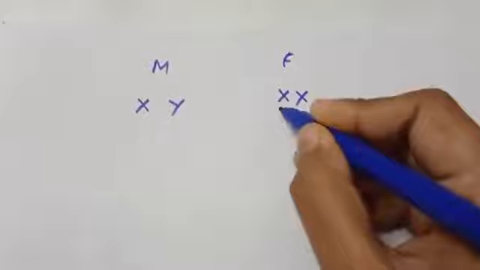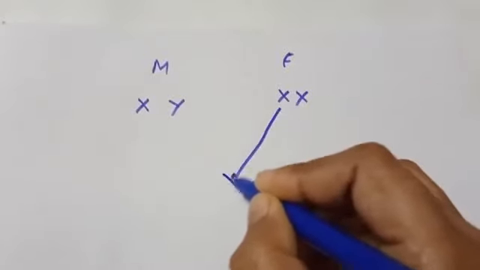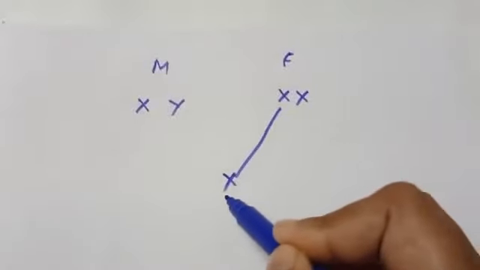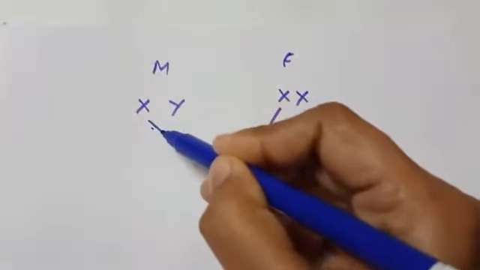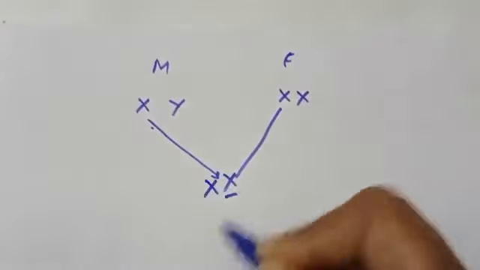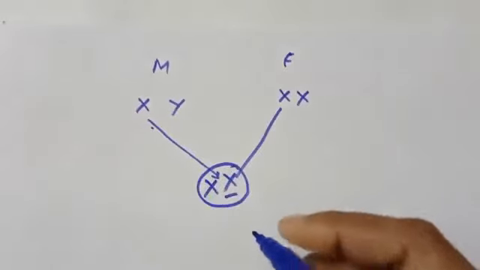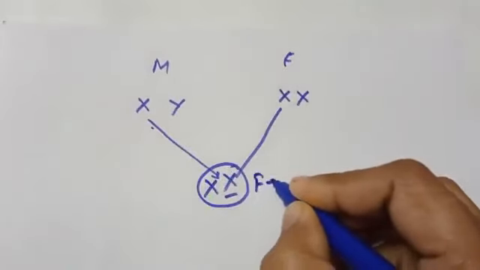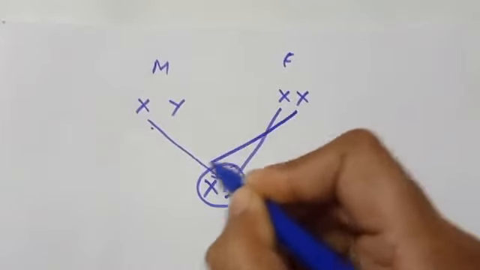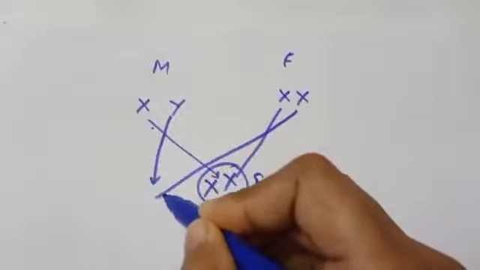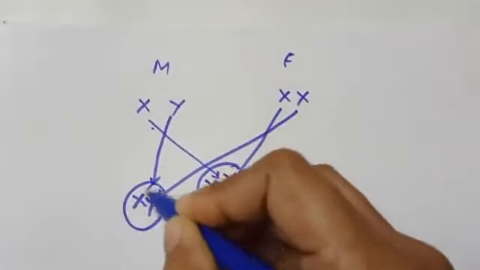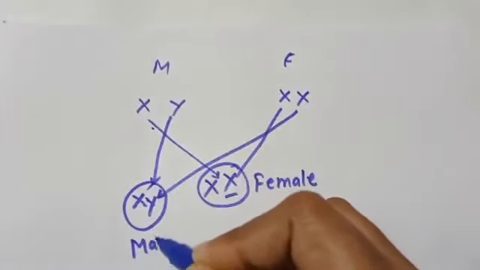If this X combines with the X type gene of a male, then this will be a female, and if it combines with the gene Y, we are going to have the XY code. So this is going to form a male child.